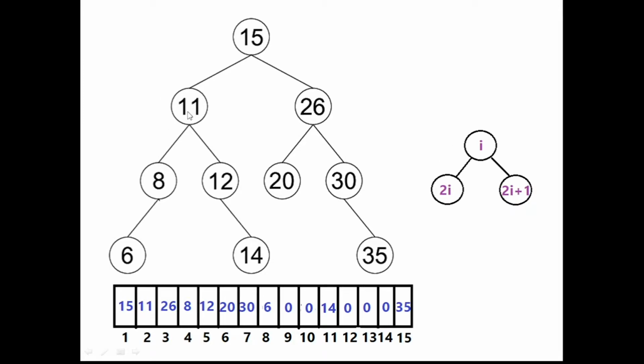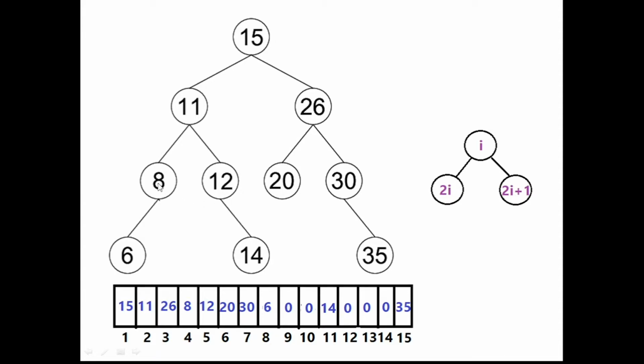For example, if you take 11, 11 is at index 2. So its left child must be found at 2 into i, which means 2 into 2, so 4. You can see index 4 contains its left child. Similarly, 2i plus 1 means 2 into 2 plus 1, 5. So index 5 has got its right child.